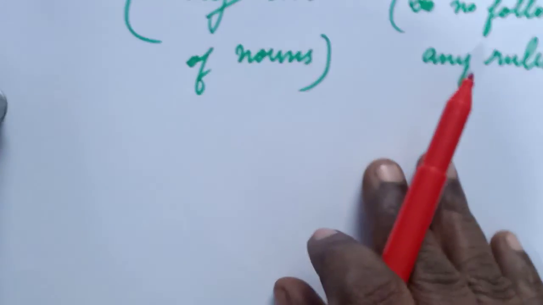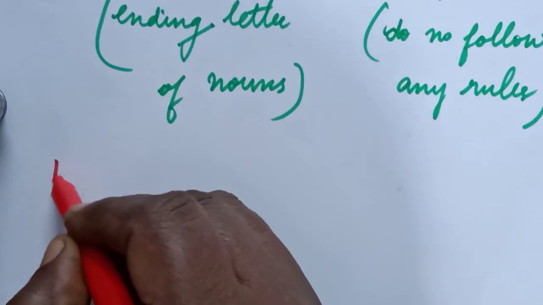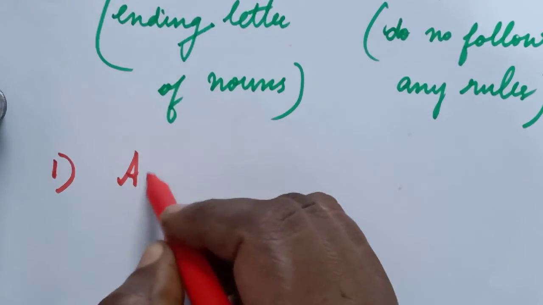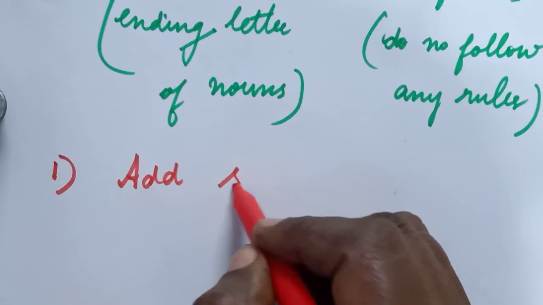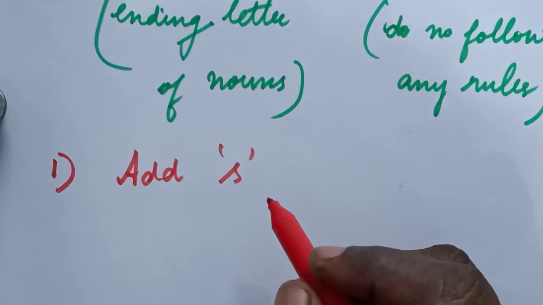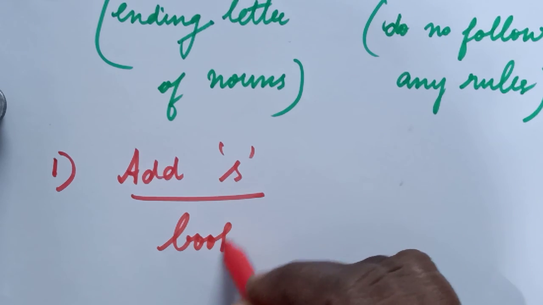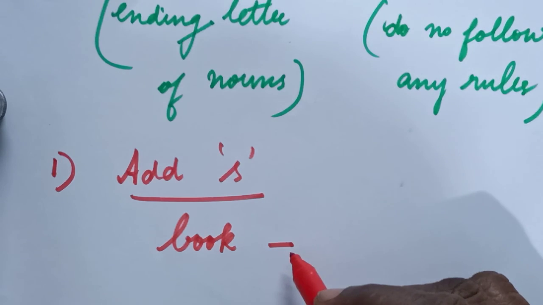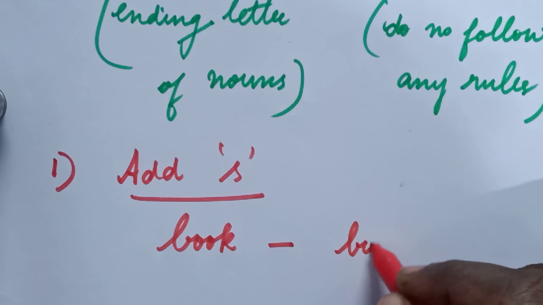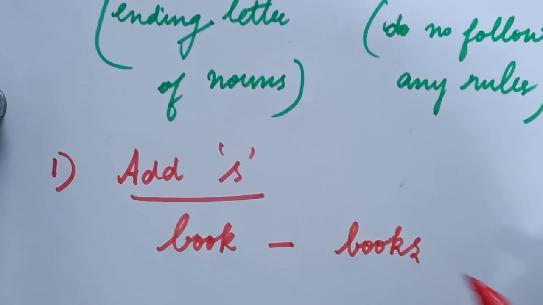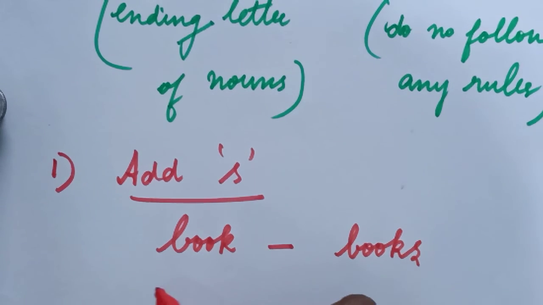The first rule is add S to the regular nouns, the one which we saw just now, isn't it? For example, book. How will you write it by adding S? Books. This is the plural form of book, isn't it? Flower.